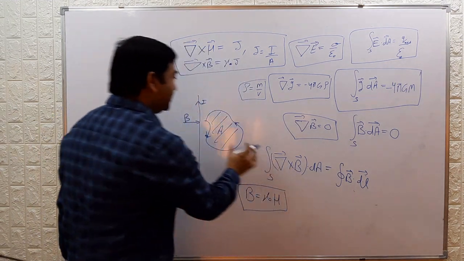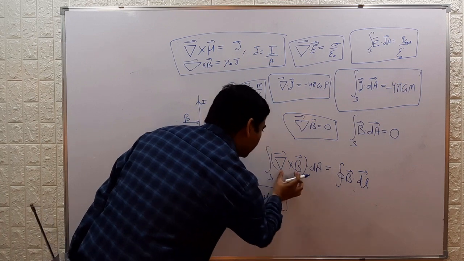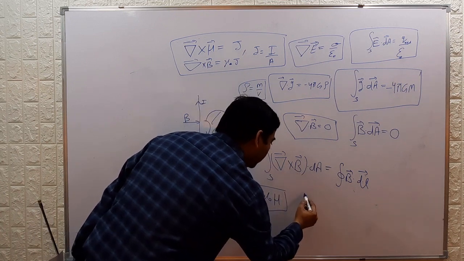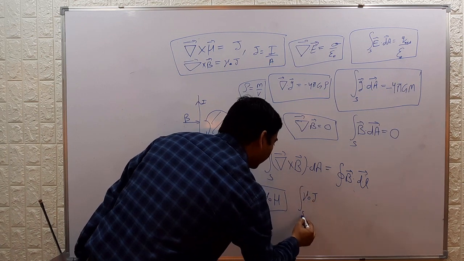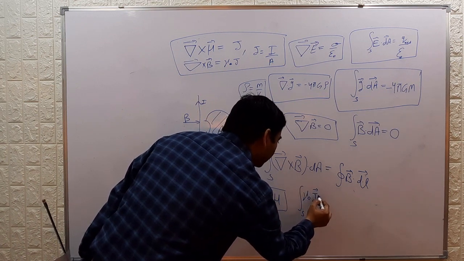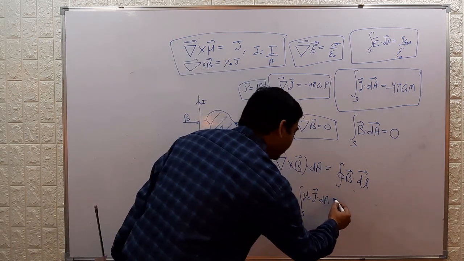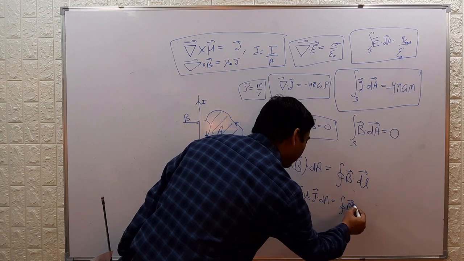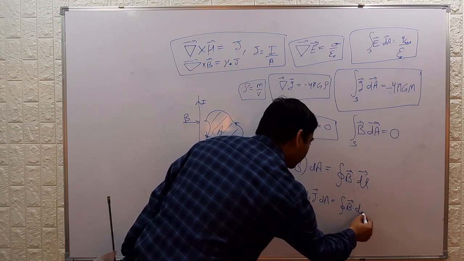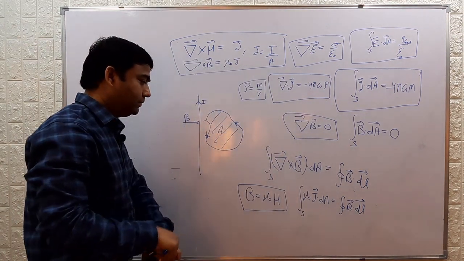So this curl you can write as mu 0 J. Just put mu 0 into J here. Integral of curl B dot dA is equal to circulation of B dot dl. That is the Stokes theorem.